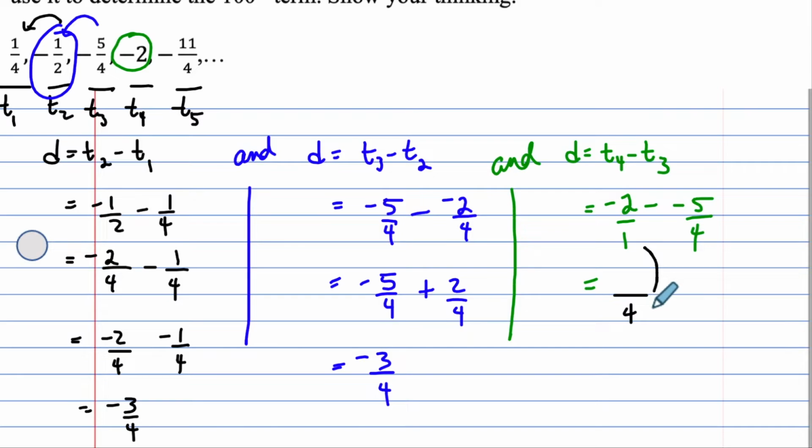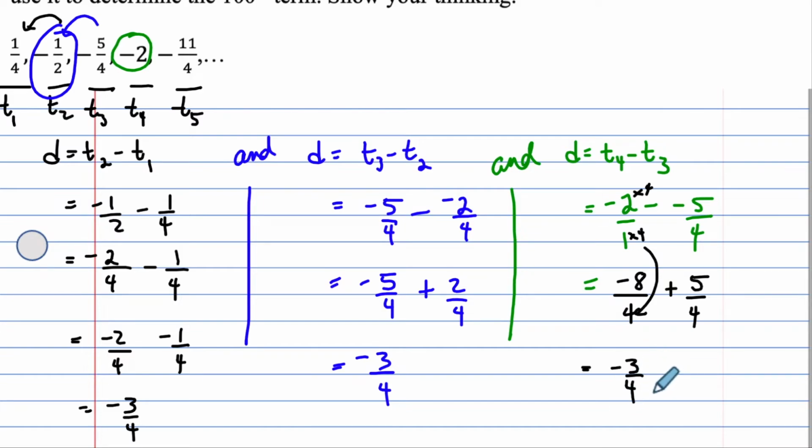So what do I do here? I times by 4, so I have to times the top by 4, negative 8. Now is negative 8 divided by 4 the same as negative 2? Yes, so I know I did it right. And then we have a negative times a negative, which makes a positive 5/4. We have D is equal to negative 3/4.